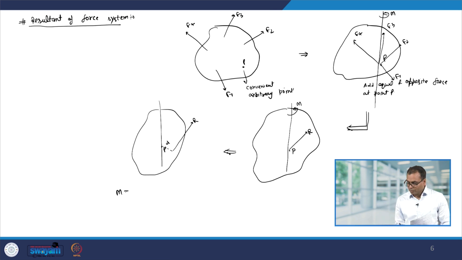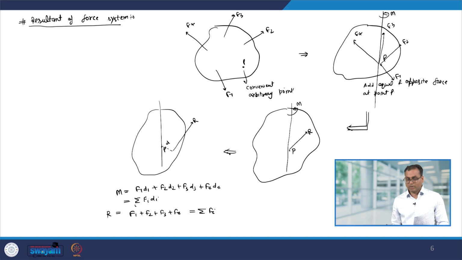So, M, for example here it will be F1 d1 plus F2 d2 plus F3 d3 plus F4 d4. I am not taking care of the sign here. So, it will be just sum over i Fi di. And what is the resultant R? Resultant R will be F1 plus F2 plus F3 plus F4, which is nothing but sum over i Fi.